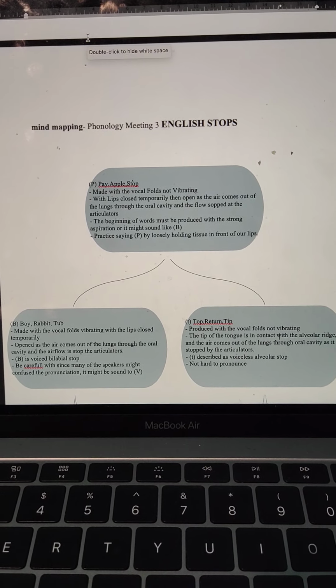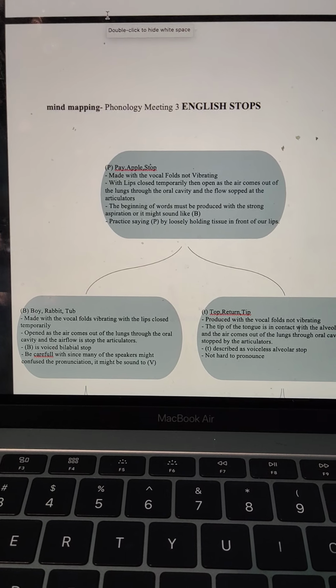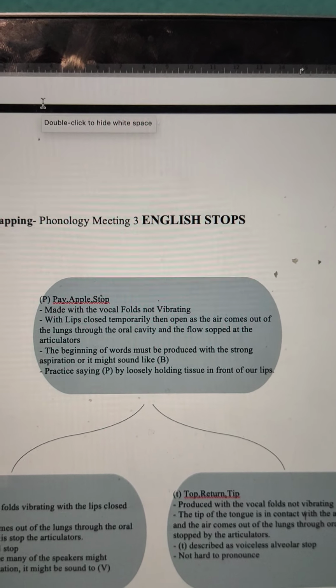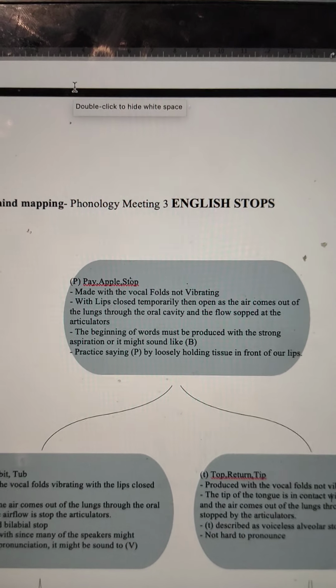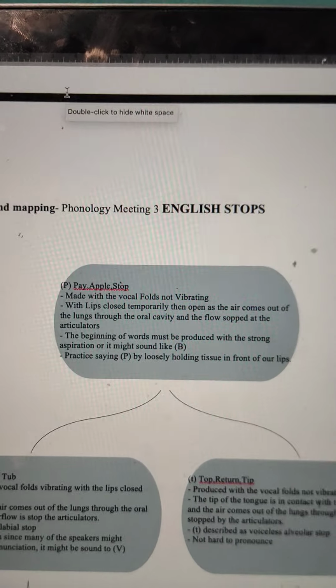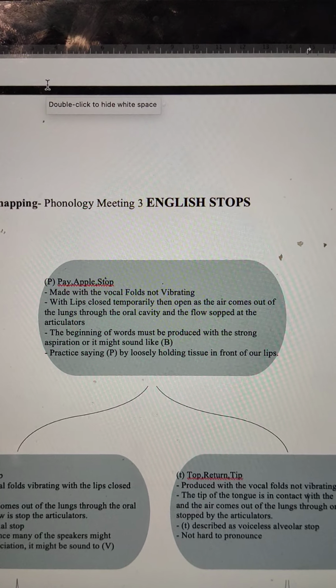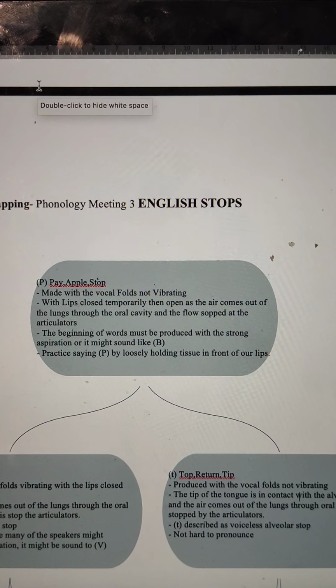I will go with the first consonant, P. What is P? P is made with the vocal folds not vibrating, with the lips closed temporarily, then opened as the air comes out of the lungs through the oral cavity, and the airflow stops at the articulator.